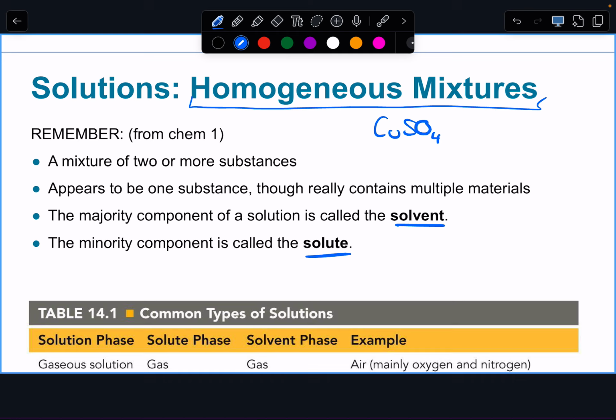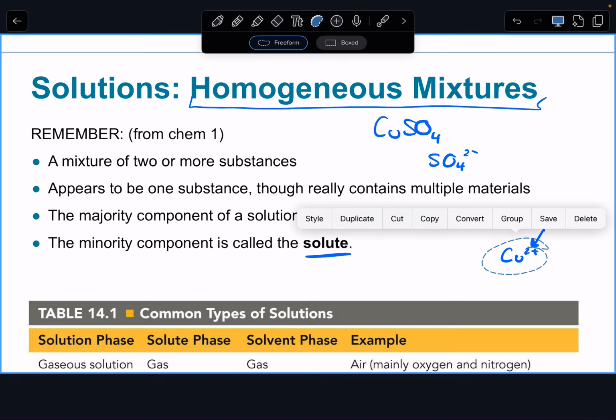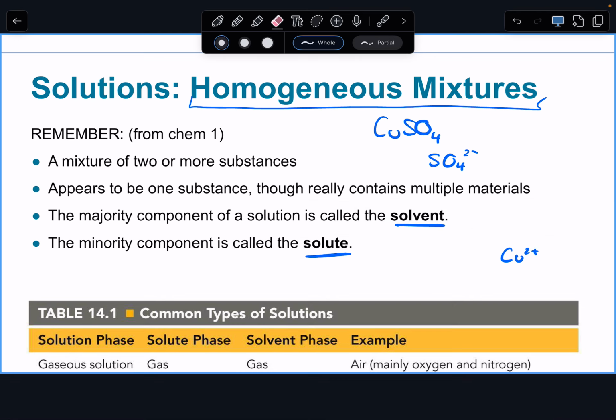The copper breaks up into copper ions, and sulfate breaks into its ions, and then the water surrounds these molecules. So I have another picture of this later on, but I think I'll just draw it for us here.